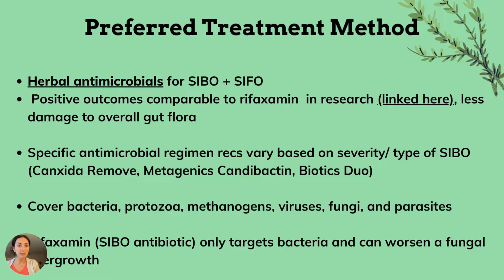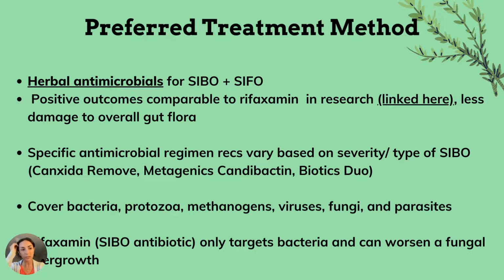We have less damage overall to our gut flora. It's also going to help improve the large intestinal flora. The specific regimen I use will vary based on your specific type of SIBO and your symptoms. There are a few different regimens that I use, so that will be individualized to you.